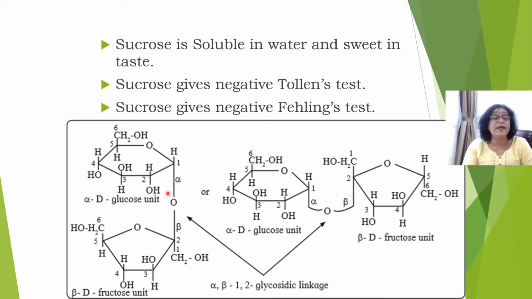So glucose itself is reducing sugar. Fructose on its own is reducing sugar. But if you see the molecule of sucrose, it is a non-reducing sugar because none of the carbon atom is having all the three groups together. So it is a non-reducing sugar and it gives negative Tollens test and negative Fehling's test.